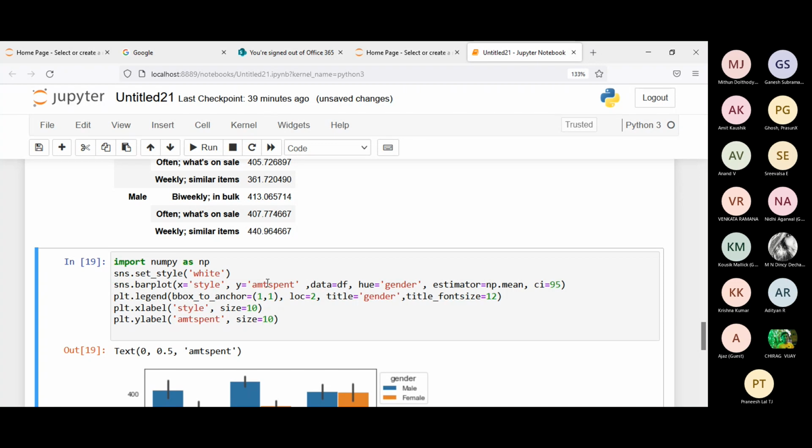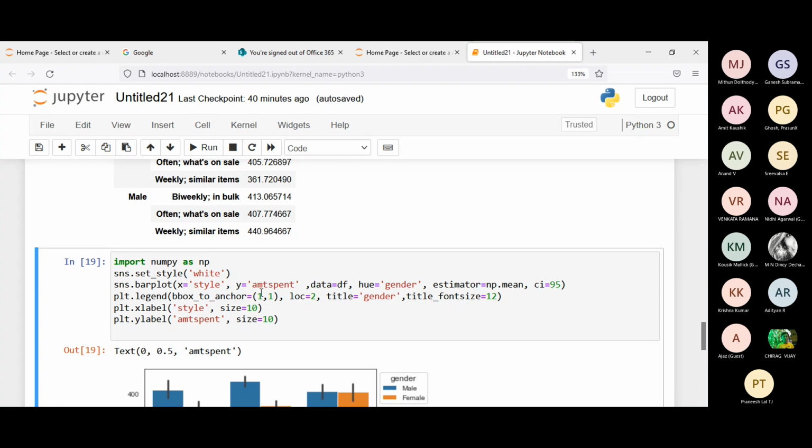Here, when we are talking about ANOVA, we are looking at a mean comparison, not necessarily a median-based comparison.